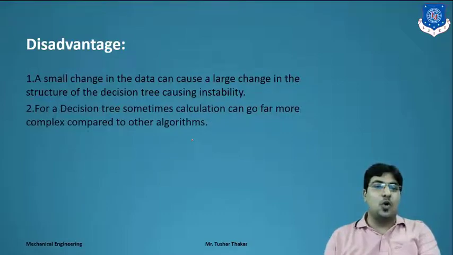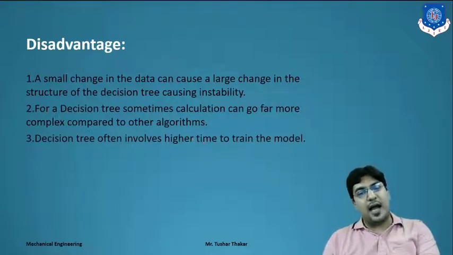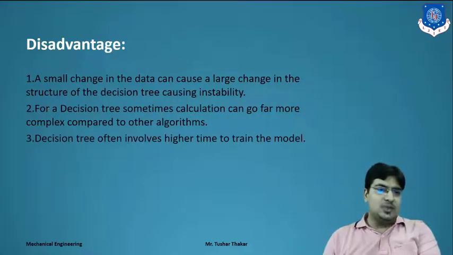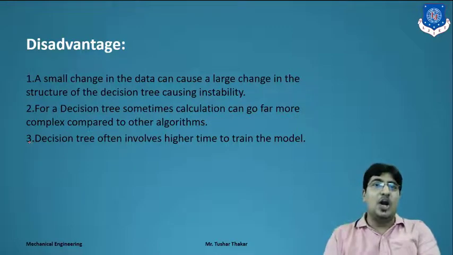Next, the calculations can sometimes become far more complex compared to other algorithms. A decision tree often involves a higher time to train a model. These second and third disadvantages happen when you have a number of chances and opportunities to make a decision.